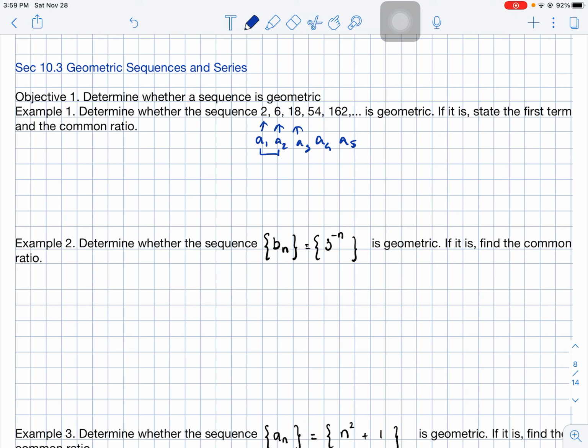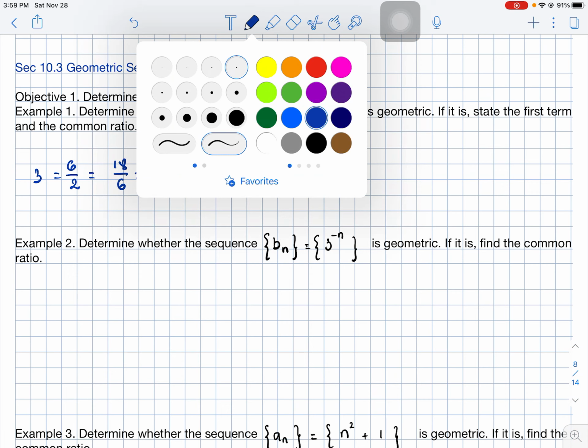We remember that we always divide the one in the back by the one in the front. So 6 over 2. Then we take a2 and a3, then 18 over 6. Now we take a3 and a4, we will have 54 divided by 18. 162 divided by 54 for a4 and a5. And you notice that you get the same number, which is 3.